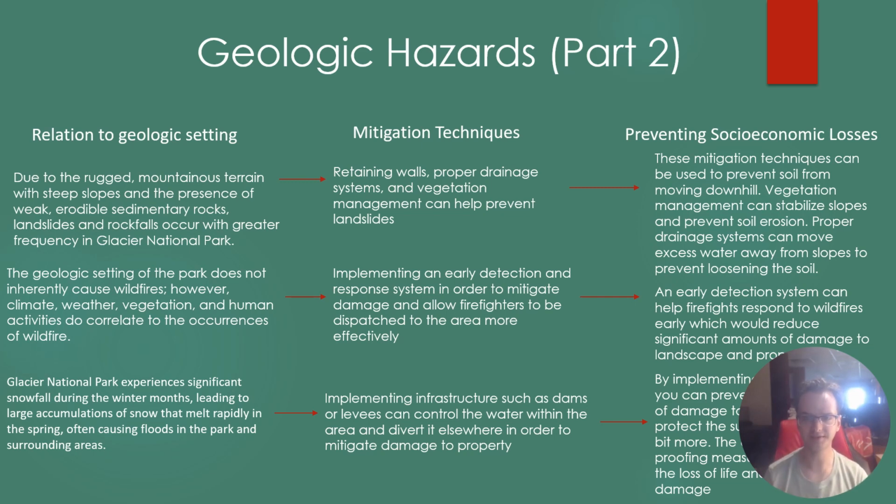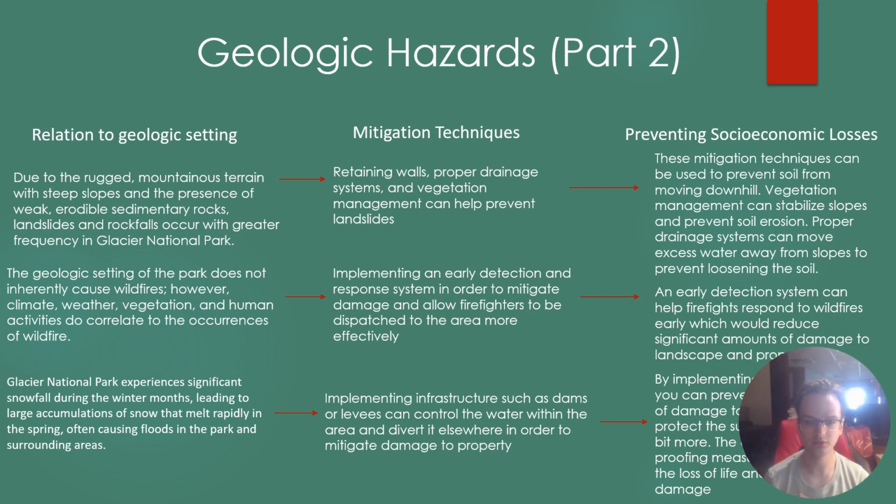This can help stabilize slopes and prevent soil erosion. With wildfires, we can also implement an early detection and response system. This will allow firefighters to respond earlier, so not as much damage can occur and not as many people get hurt.